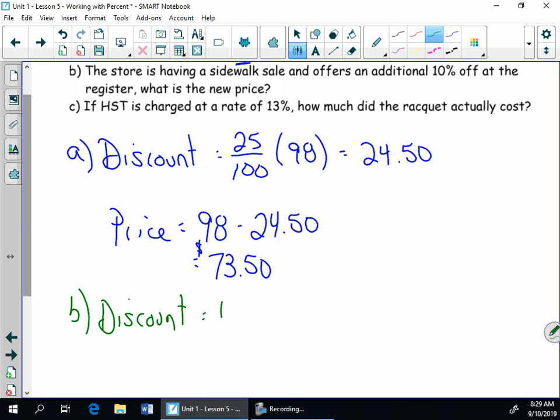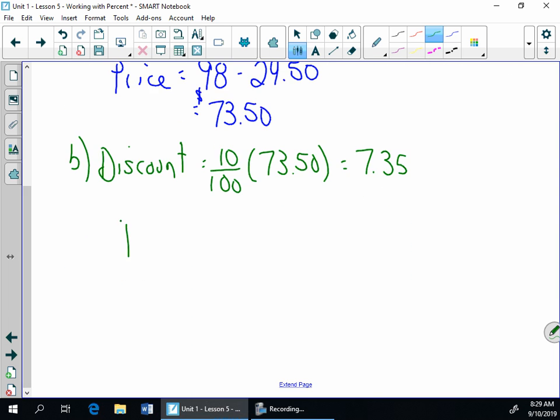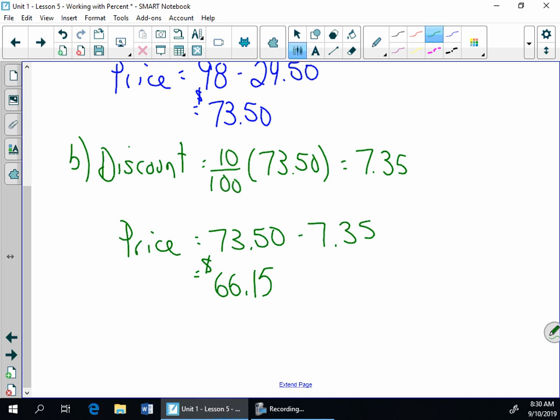It's 10% off, so 10 out of 100, on the new price, which is $73.50, which comes out to 7.35. So we have a new price now. Let's start at $73.50, take off $7.35, and we're left with $66.15. More discounts, but again, it's on the new price.